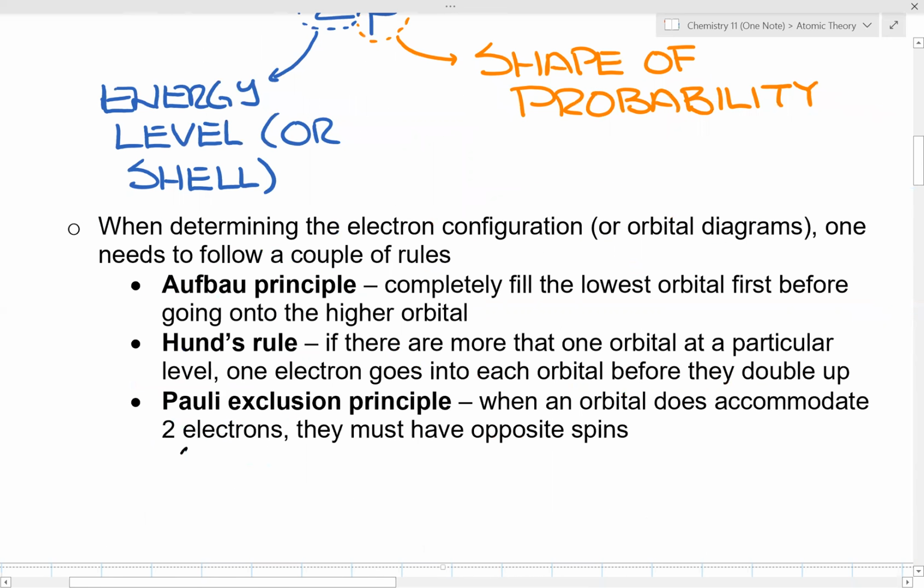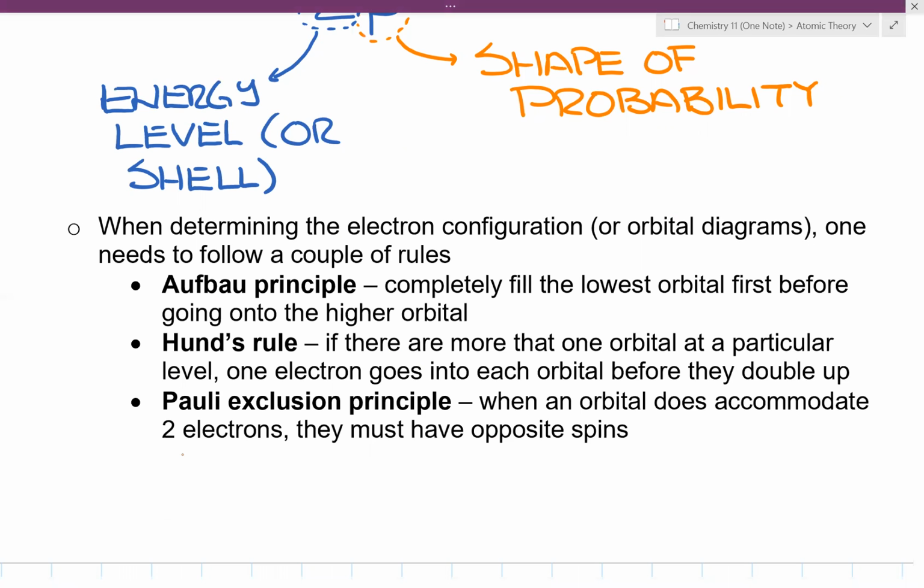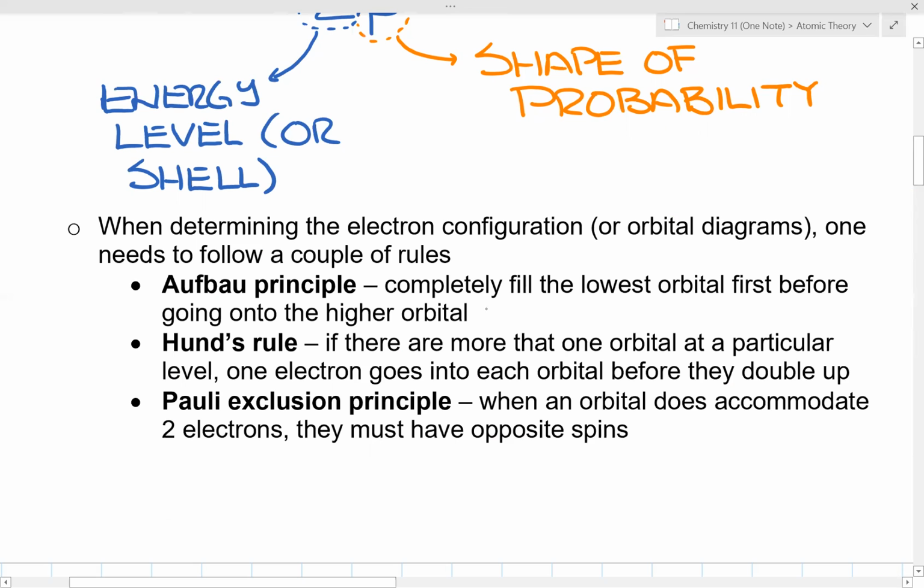Now, when determining the electron configurations, or another term for that is orbital diagrams, one needs to follow a couple of rules. One is the Aufbau principle. It says completely fill the lowest orbital first before going on to the higher orbital. So first of all, fill closest to the nucleus.